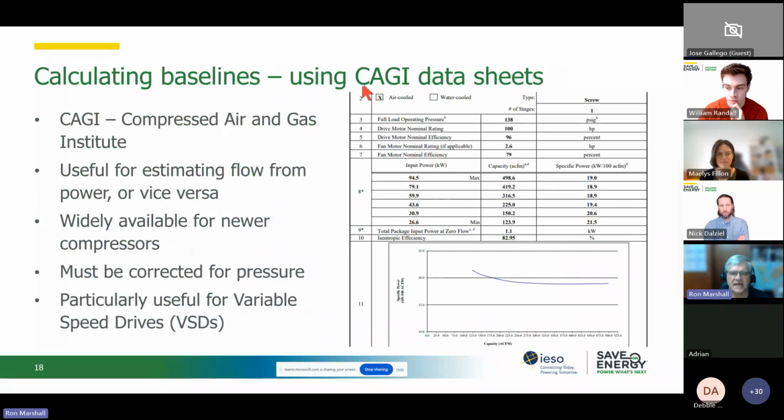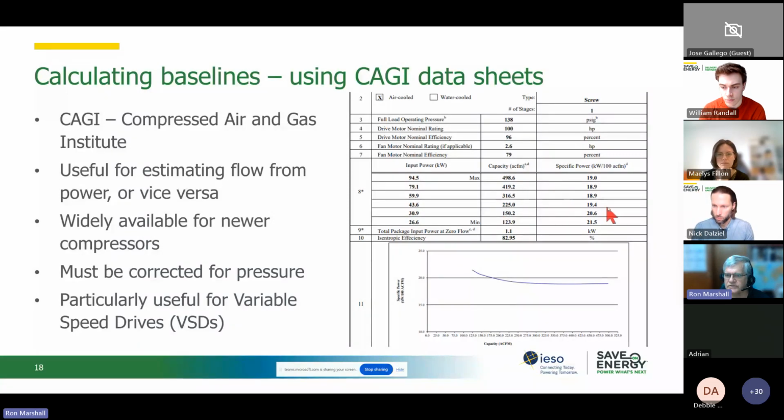So CAGI developed a standard reporting format for various different types of modes of compressors. So they have one for fixed speed compressors, for variable displacement compressors, and for VSD compressors. And this particular one is a VSD compressor, and you can see the reporting sheet shows you the pressure at which this compressor is tested, its nominal horsepower rating, and then for various power levels, it shows the capacity output for the compressor.